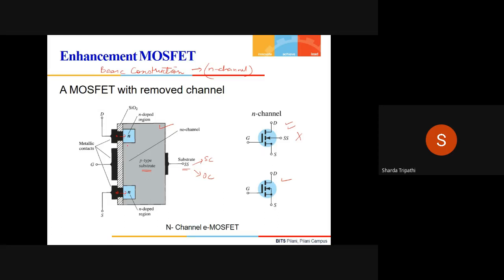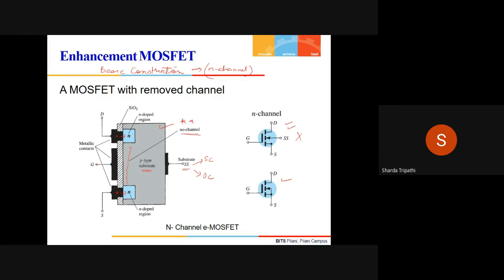But the difference with respect to the depletion type MOSFET is that here we do not have any channel, whereas in the depletion type MOSFET, we had a channel connecting these two N-type regions. Here we do not have any channel. That is the very basic difference between the construction of a depletion type MOSFET and an enhancement type MOSFET.